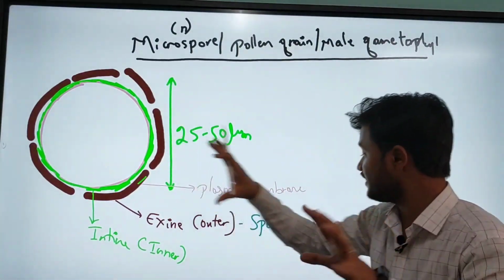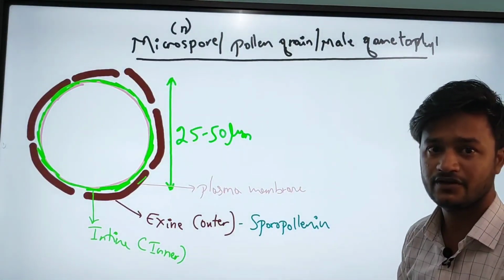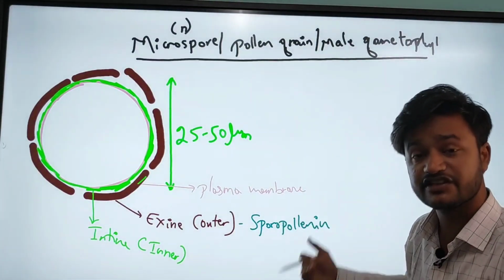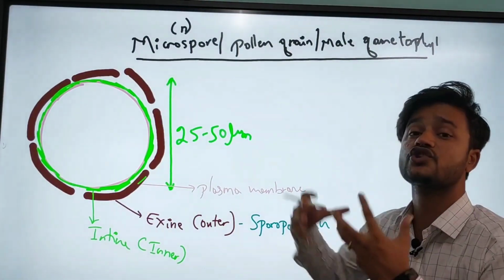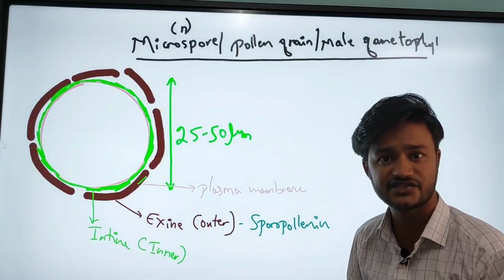No enzyme degrades sporopollenin, and it withstands, or is resistant to, strong acids and strong bases also, right?